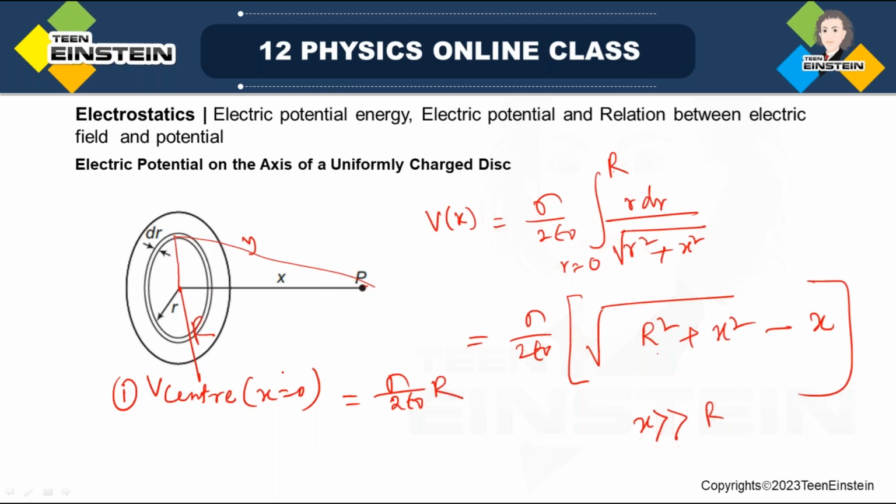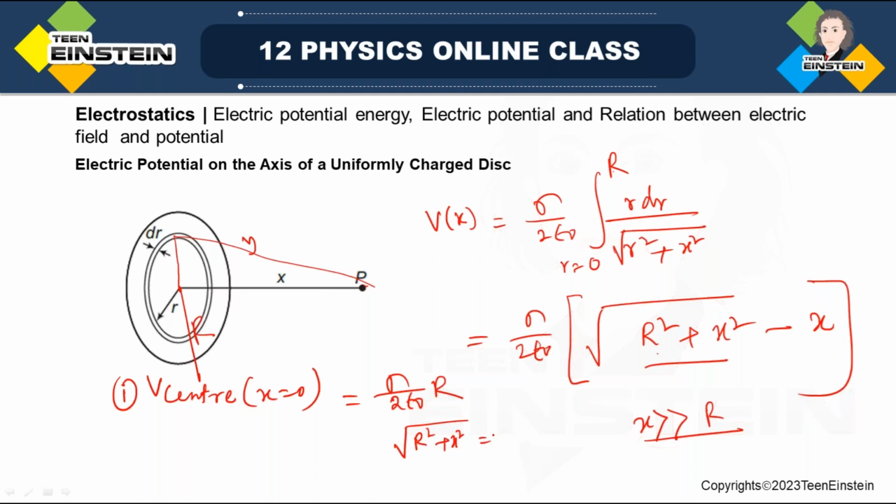So for the electric potential at large x, we can take x square common in R square plus x square.